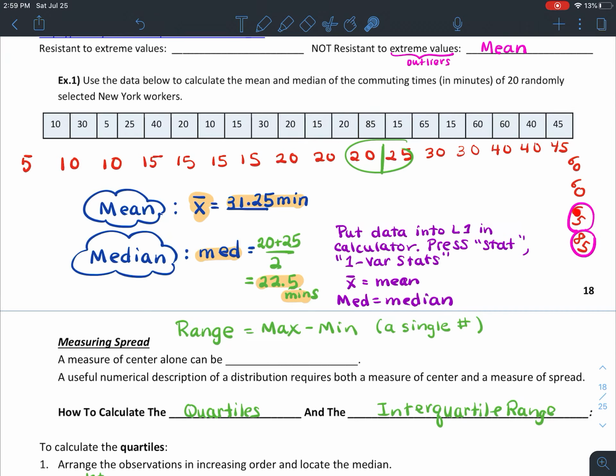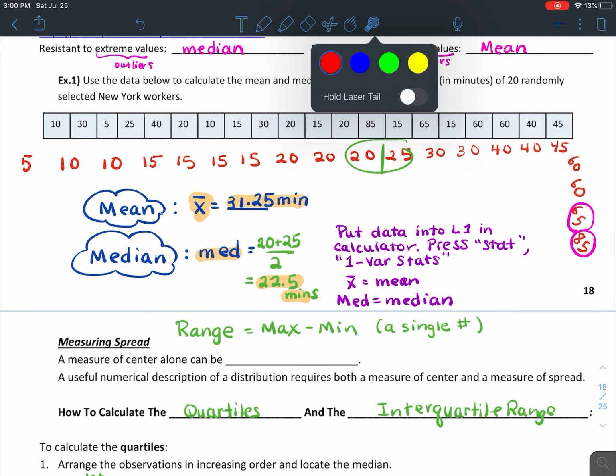If we were to remove, say, this 85 or both the 85 and the 65, it would cause a shift, maybe over here where the median would be 20 minutes. Okay, it's not going to change a whole lot here. And it's really irrelevant that this number was a really high number. Okay, so what is resistant to extreme values or outliers is the median. Okay, the median is not heavily influenced by outliers.